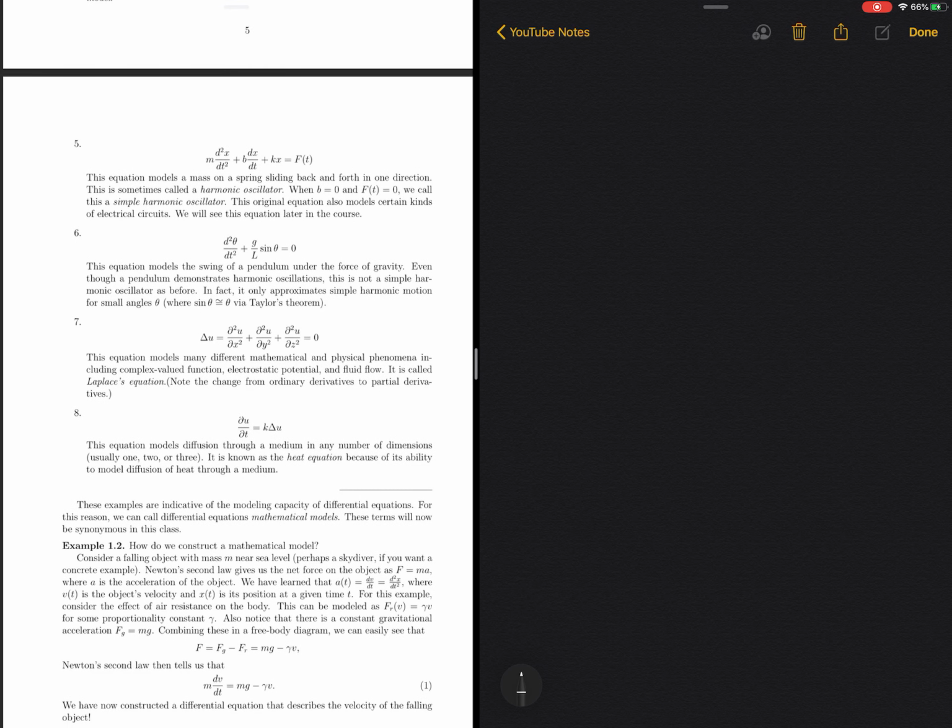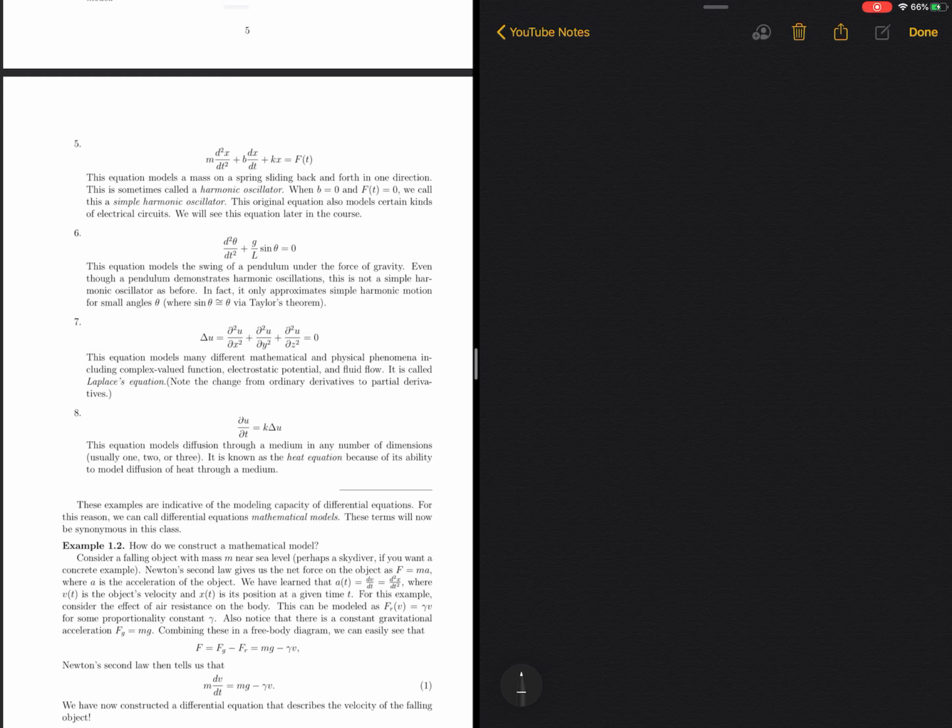And not only can we talk about ordinary derivatives, these single variable function derivatives, we can also talk about multivariable function derivatives. And number 7 here is something that shows up in a lot of different physical applications, most notably in electrostatic potential and in fluid flow, but it also shows up in complex function analysis. And this is called Laplace's equation. Solutions would be called harmonic functions.